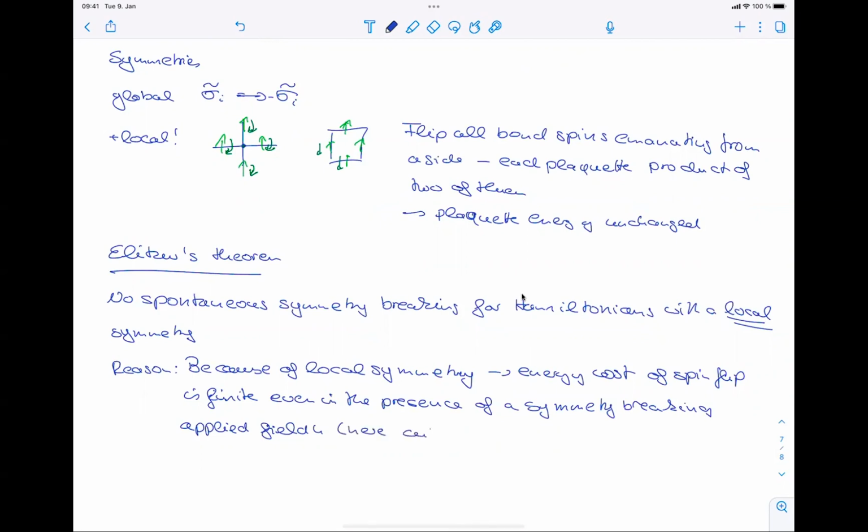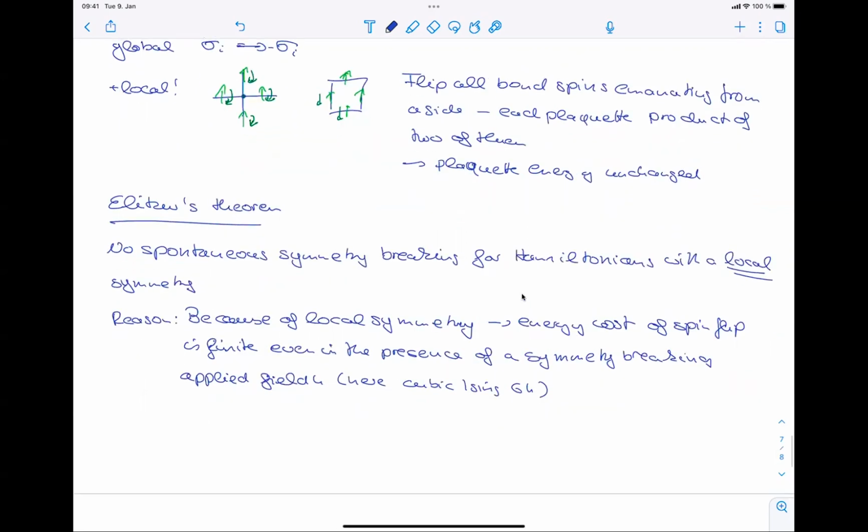Here for the cubic Ising, this cost would be 6H. And I would expect a continuous change of magnetization as H goes to 0.